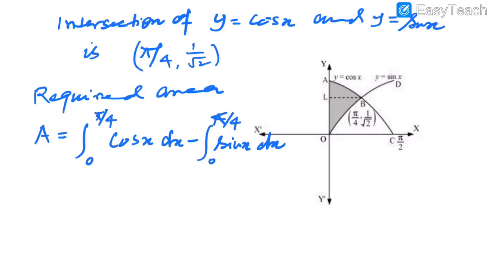Since the limit is from 0 to pi by 4 in both integrations, we can write it as a single integration from 0 to pi by 4 of cos x minus sin x dx.